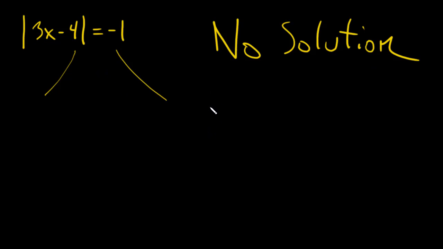We would have had the similar thing if we had said the square root of x plus 3 is equal to negative 2. What can I take the square root of that will give me a negative number for an answer?